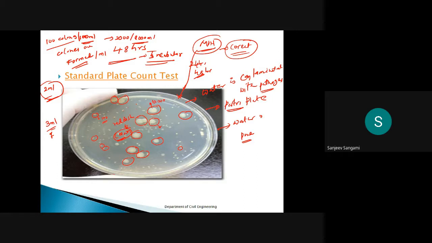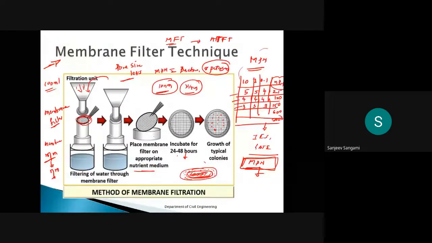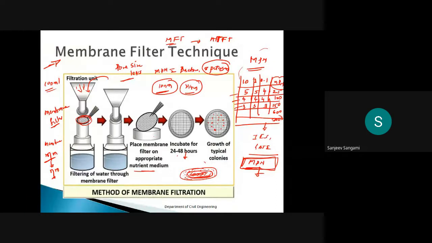Instead, in MFT, you place the media first, then keep the filter paper on it like this. That is the method. You can find the colonies on the filter paper, but in the other you see the colonies on the medium. Remember, that is the difference between the membrane filtration technique and the standard plate count test.